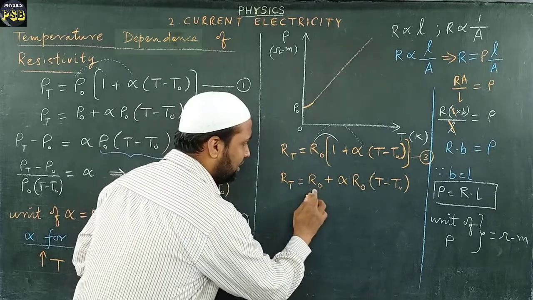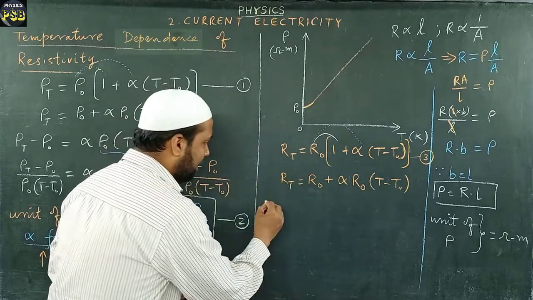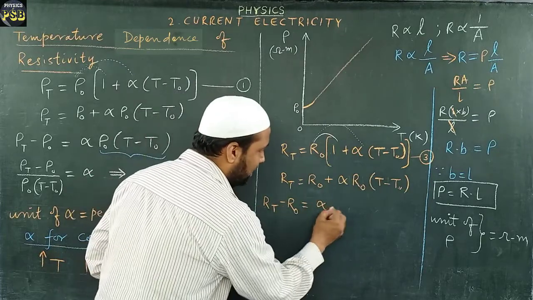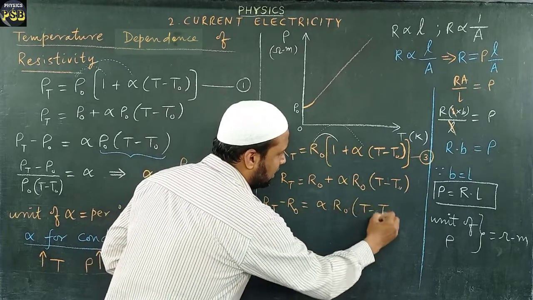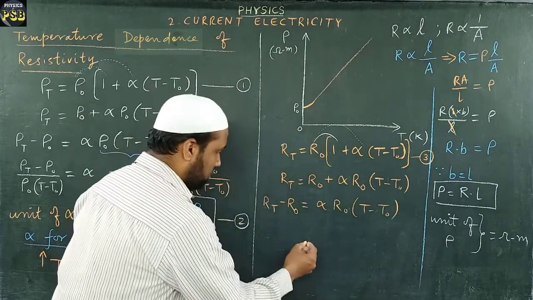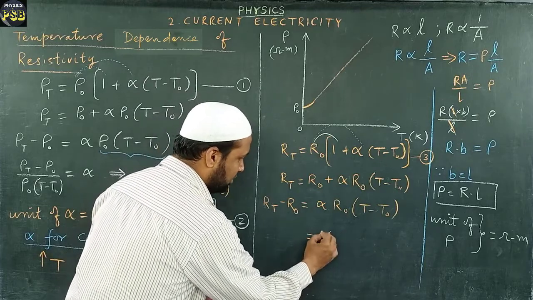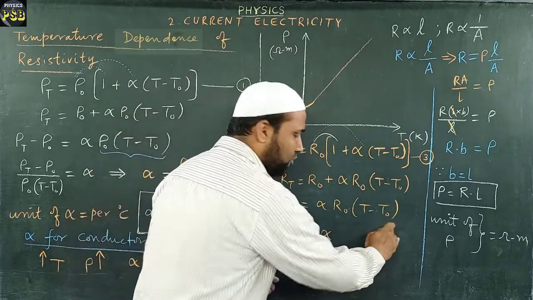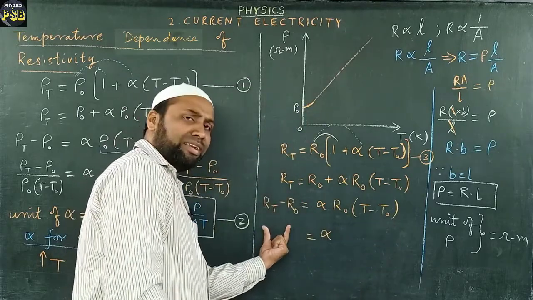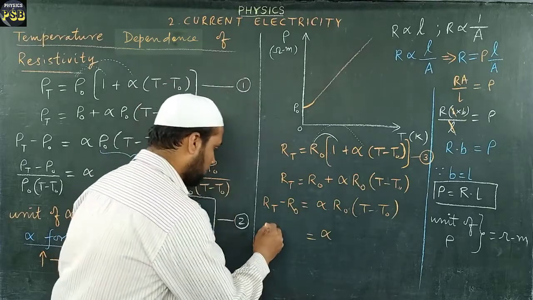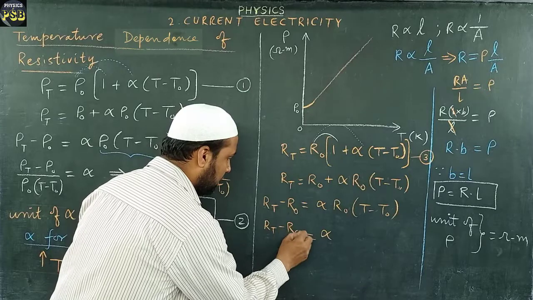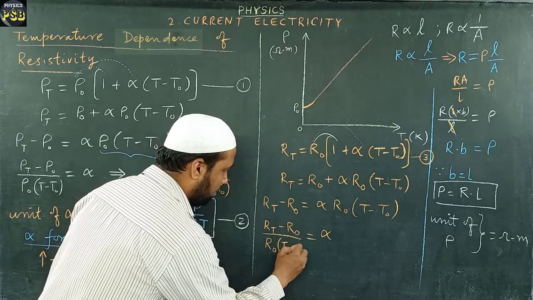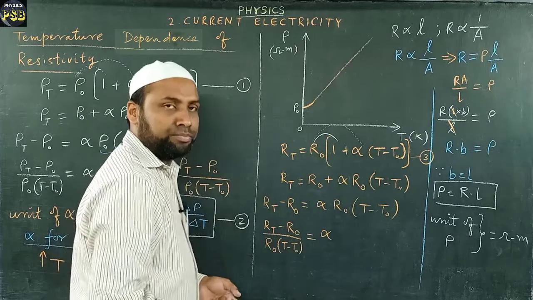Before that, I take this term to the left hand side. I get RT minus R naught equals alpha R naught into T minus T naught. Now, alpha is kept here. I bring R naught and T minus T naught to the left hand side. It is multiplying here, so when it is taken to the left hand side, it will divide: RT minus R naught upon R naught into T minus T naught.